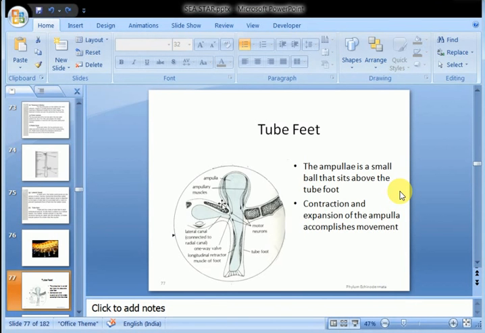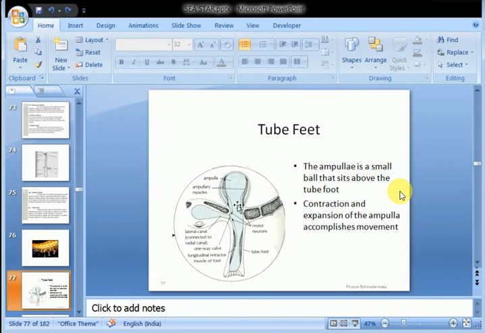Here in this picture, it is much more clear. Here, this is the ampulla. Ampulla is a small ball that sits above the tube foot here, and contraction and expansion of the ampulla is brought about by the muscles associated with this structure.